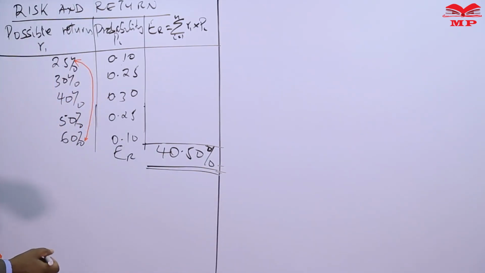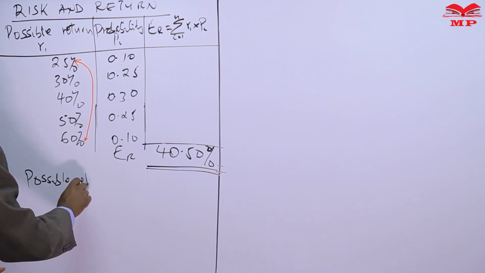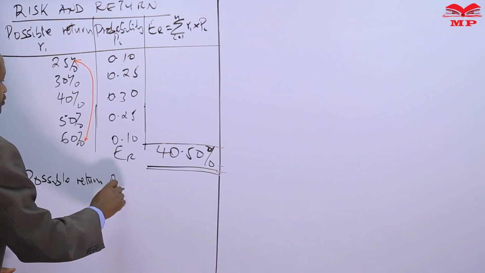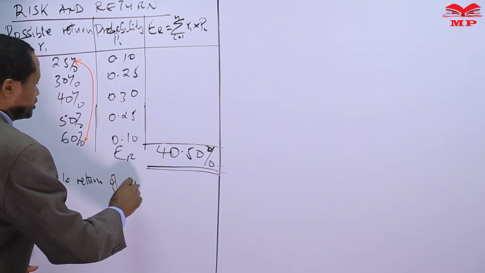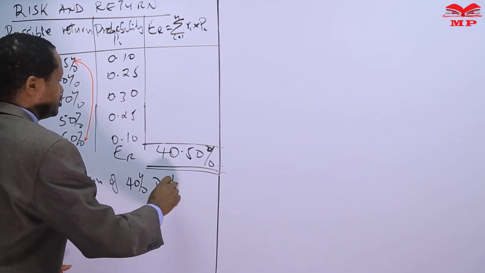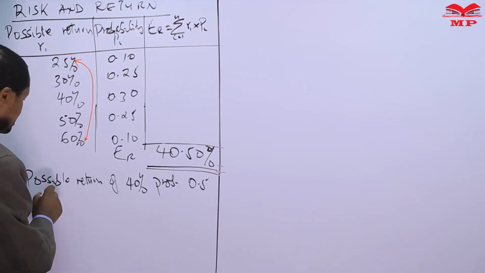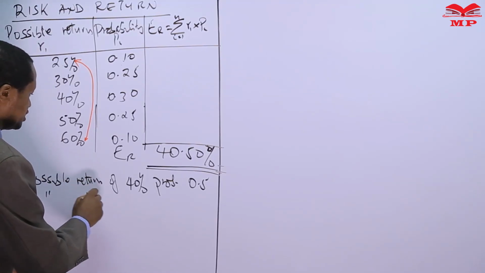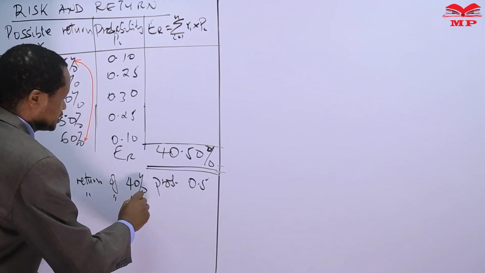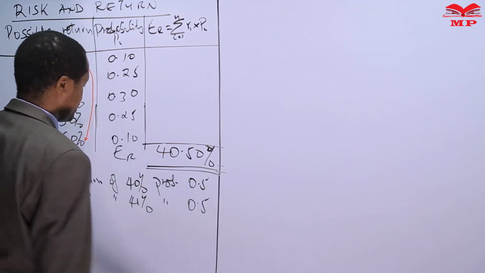For example, if we have a possible return of say 40% with the probability of 0.5, and another possible return of say 41% with probability of 0.5.